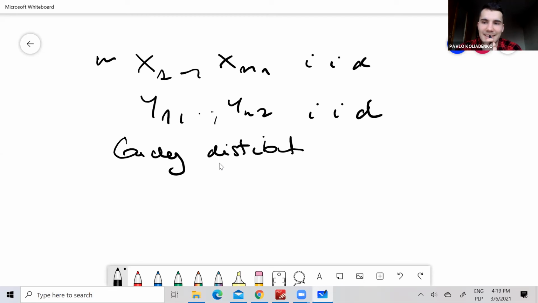Okay, so let me just tell you again. If you have a Cauchy distribution, then the expected value does not exist. What does it mean? It means that if you calculate the integral of the absolute value of x with respect to this distribution, it is going to be infinite.